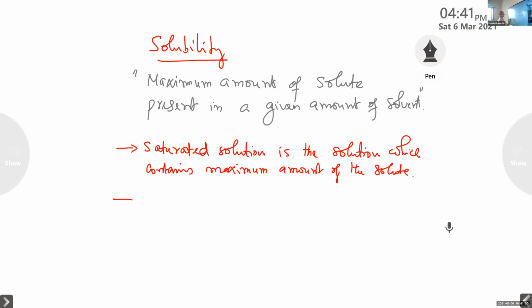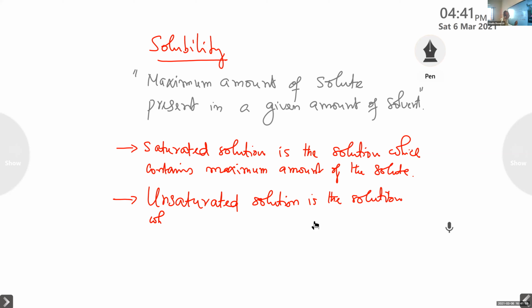So another term comes here, unsaturated solution. An unsaturated solution is the solution which does not contain the maximum amount of the solute.